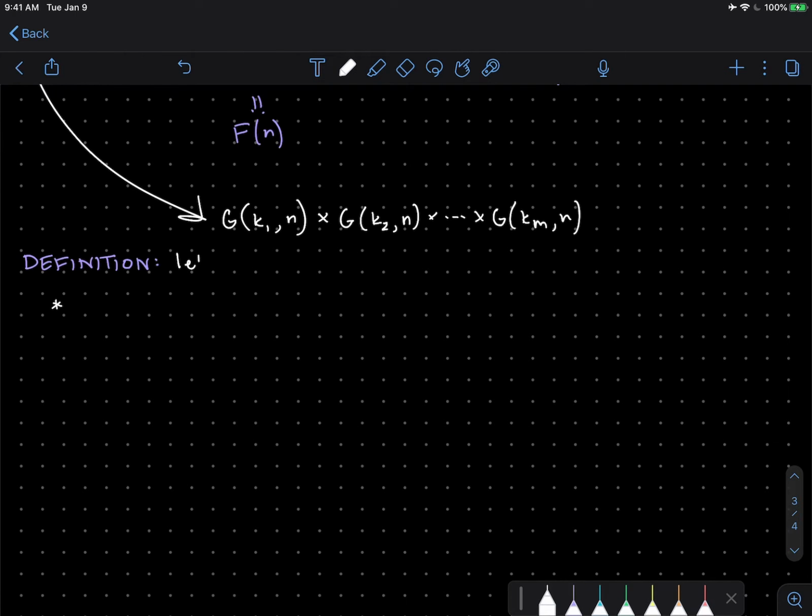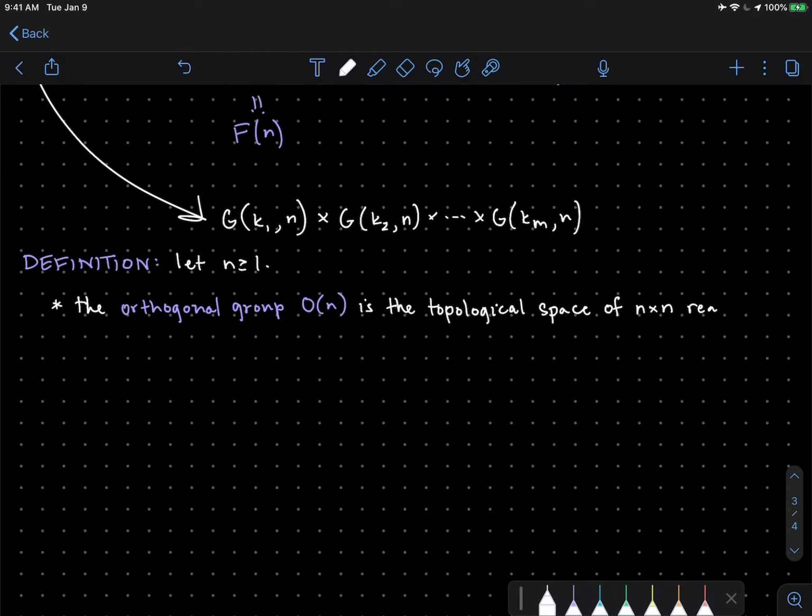So, first of all, let's fix an integer n greater than or equal to 1. The orthogonal group O(n) is the topological space of n by n real orthogonal matrices.